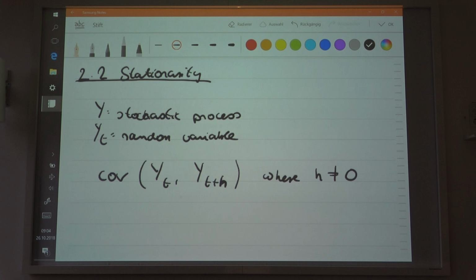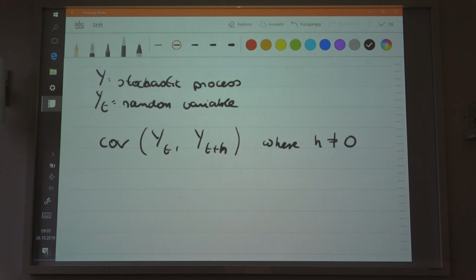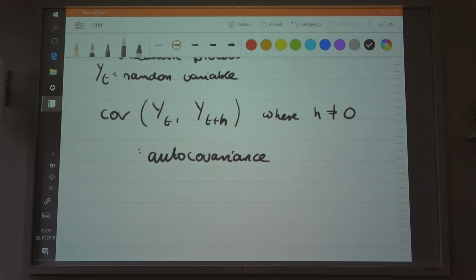The covariance with respect to h is called the autocovariance. So this is the autocovariance, guys. You know what the definition of the covariance is; you have seen this, but I will write it here anyway.